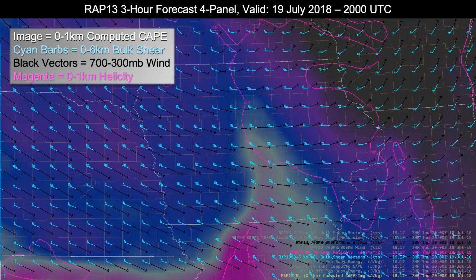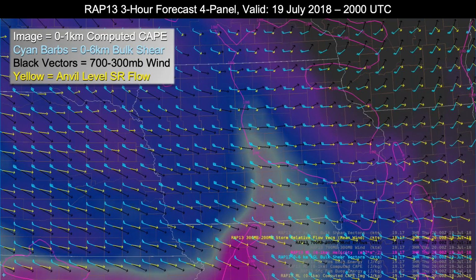Deep layer shear is indicated by the light blue wind bars. Both of these vectors have a strong component orthogonal to that initiating boundary. In addition, the magnitude of the bulk shear, which is 40 to 50 knots over central and southern Iowa, would certainly be supportive of supercells.